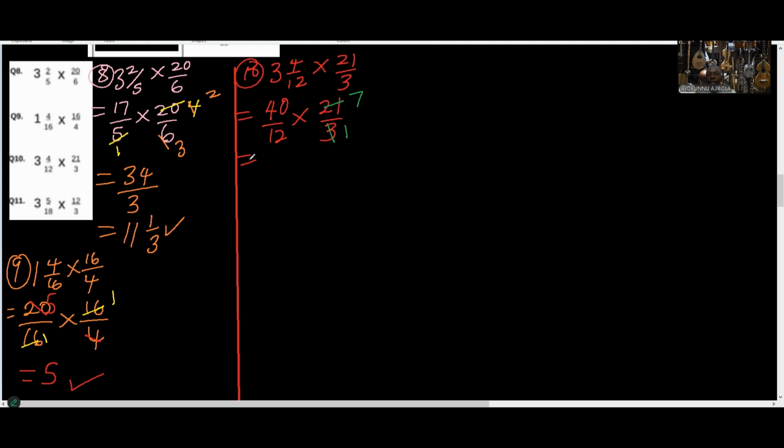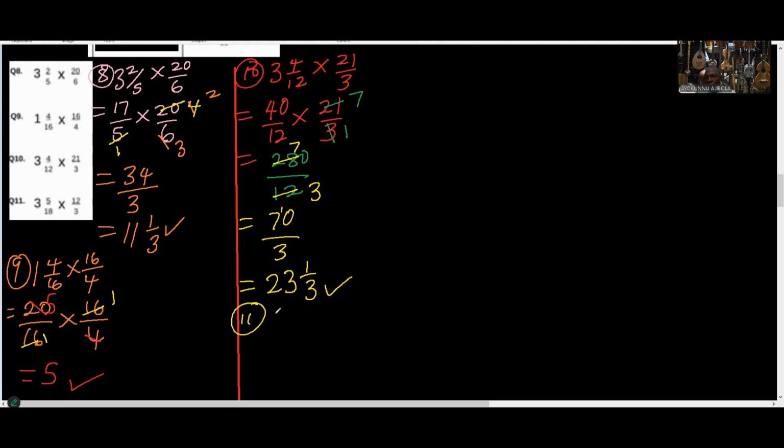So we have 40 times 7. That is 280 over 12. We can divide them by 4. 4 here 3, 4 here 7. So 70 over 3. How many 3 is in 7? 2, remainder 1. So how many 3 here? That's 3. Then remainder 1 over 3. So this is the answer to this.